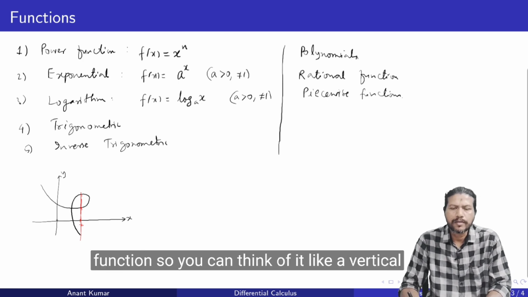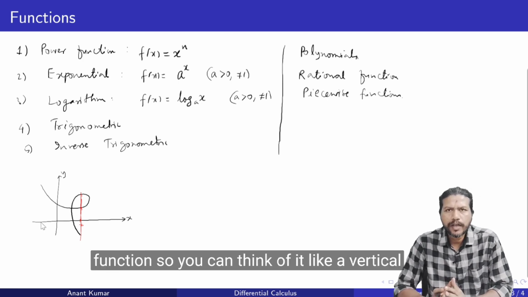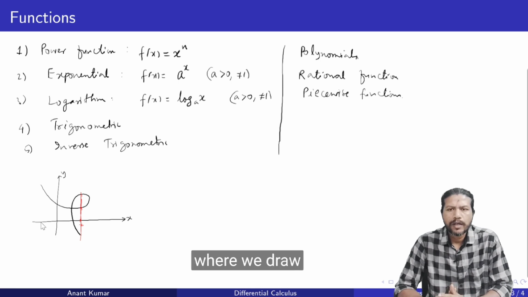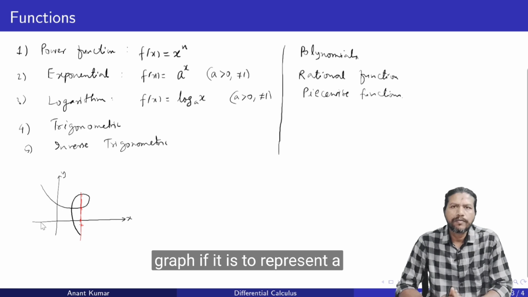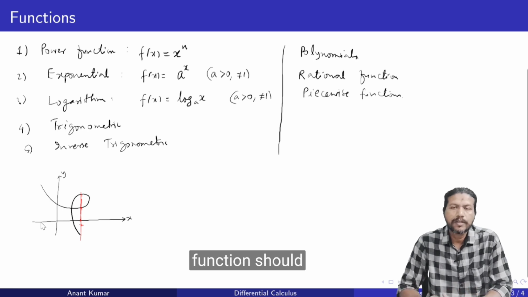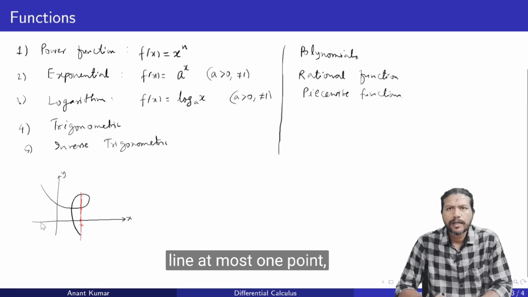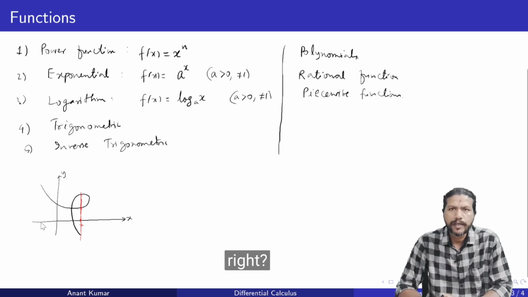So this can't be a function. You can think of it like a vertical line test, where we draw a vertical line, and the graph, if it is to represent a function, should intersect the vertical line at most at one point, right?